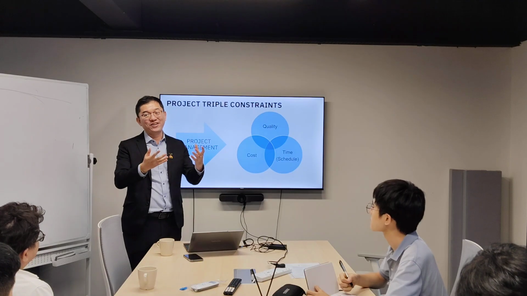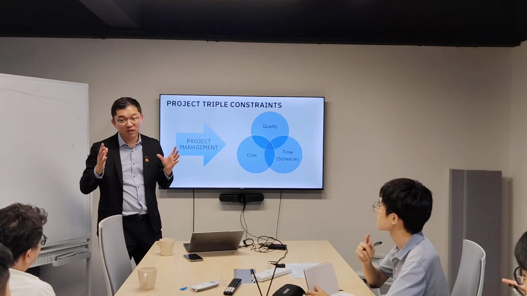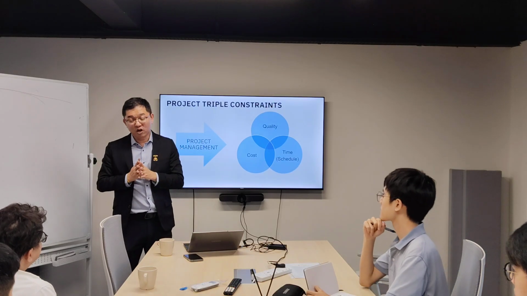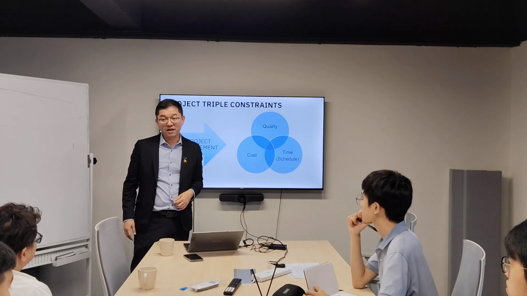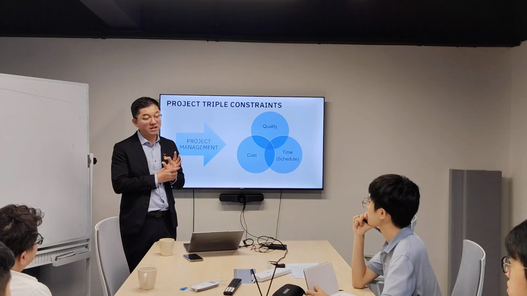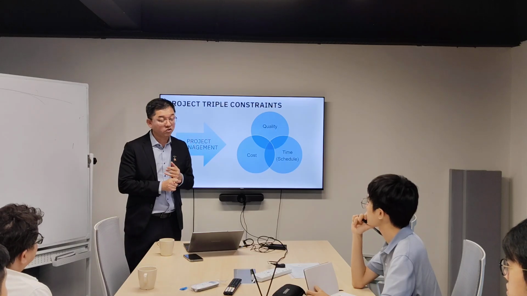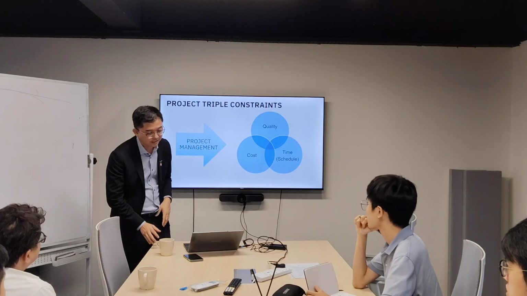Without the money, you cannot implement your scope. And without a known timeline or duration, you cannot know how much money you want to spend or invest. That's why we name these 3 items the project triple constraint, and they are interrelated with each other.